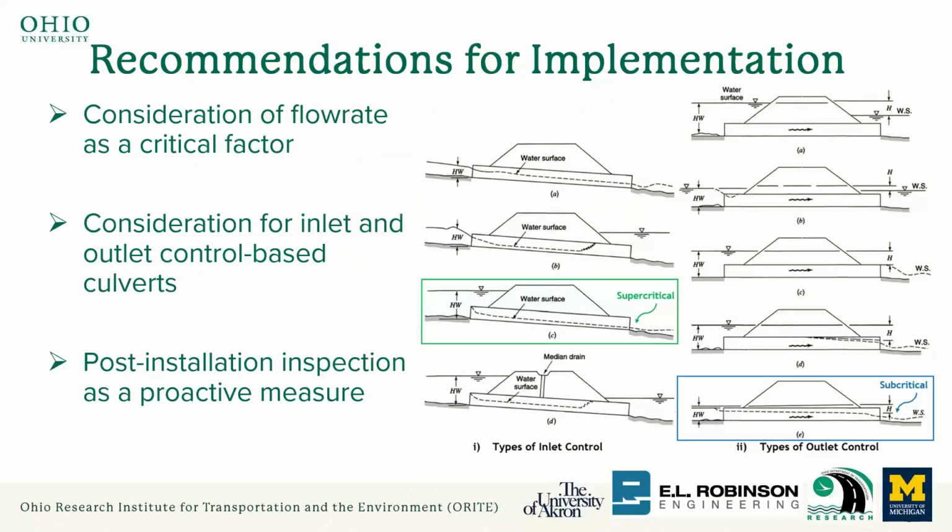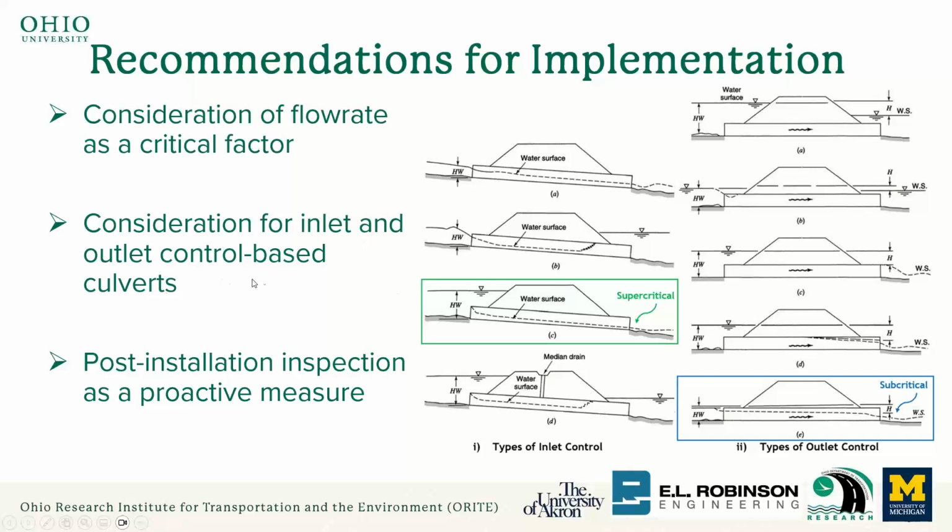So for future recommendations, if future researchers want to look at this more, maybe you can test each of these in inlet and outlet control culverts to see how the RCP will work under these scenarios.